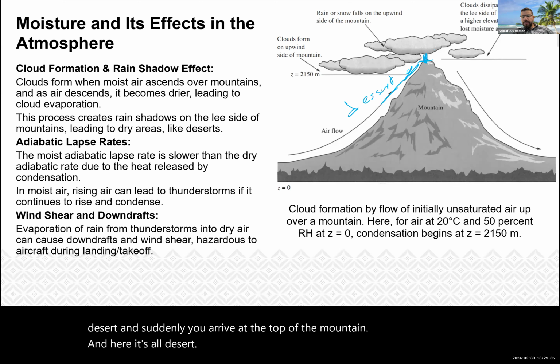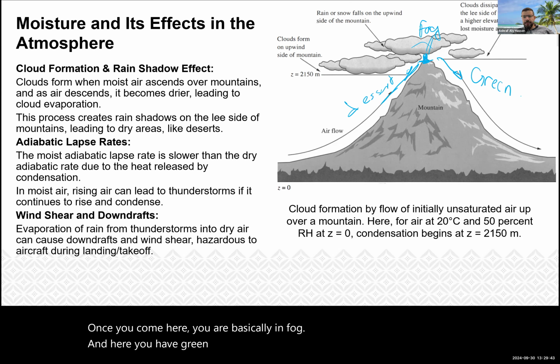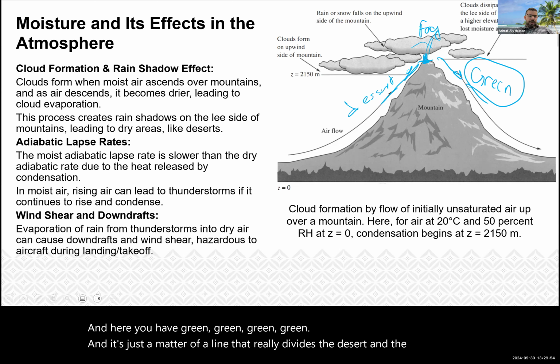Once you come here, you are basically in fog, and here you have green, green, green, green. And it's just a matter of a line that really divides the desert and the green areas.